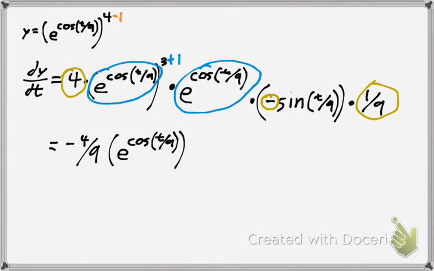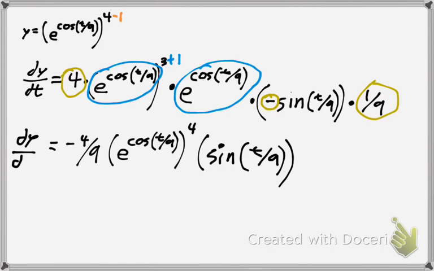Okay, so you have e to the cosine of t over 9 to the 4th power, and then you have times sine of t over 9. There you go. That's the derivative of y equals e to the cosine of t over 9, to the fourth power.